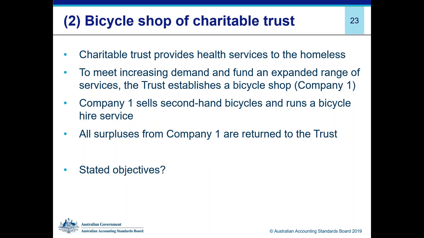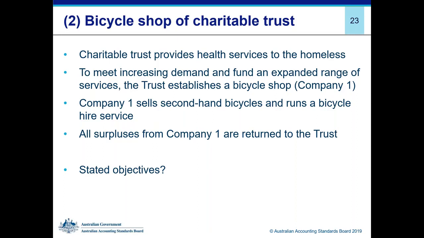The company sells second-hand bicycles, runs a bicycle hire service. All surpluses from Company 1 are returned to the trust to support its objectives. So on the face of it, we don't know really whether this is a for-profit or a not-for-profit entity in terms of the company. So here, in this example, we're talking about the classification of the company.